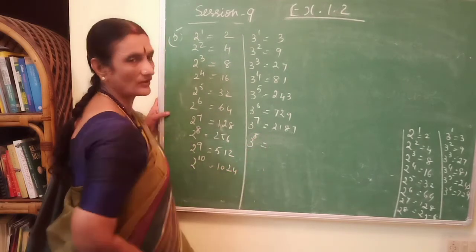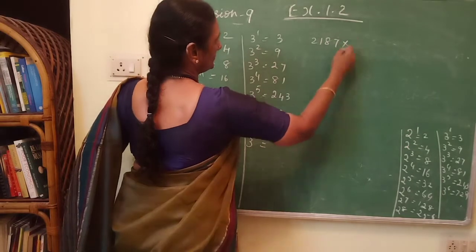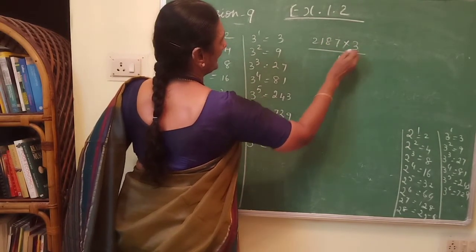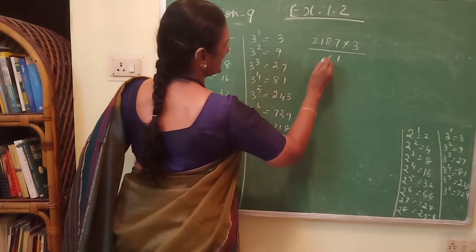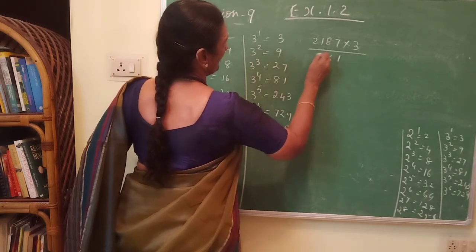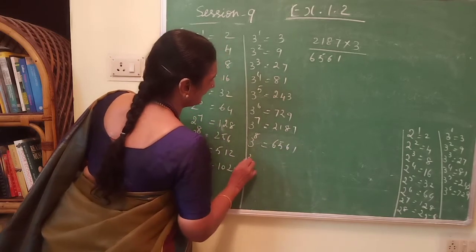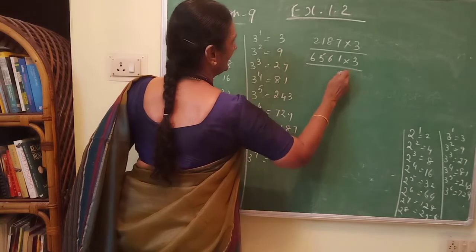Many times you won't be able to remember this value, so better you multiply. 2187 into 3: 7 threes are 21, then 8 threes are 24, plus 2 gives you 26, 1 three is 3 plus 2 is 5. So 6561. Then 3 power 9: you multiply 6561 by 3.